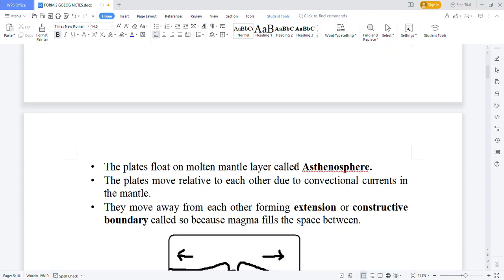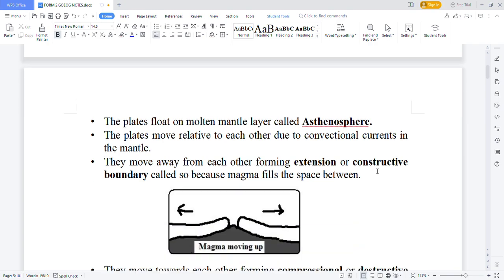The plates float on a molten mantle layer called the asthenosphere. From a lesson in Form 1 notes we said what the asthenosphere is. The plates move relative to each other due to convectional currents in the mantle.